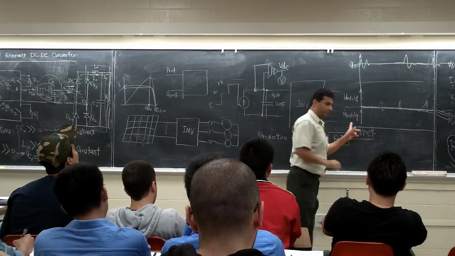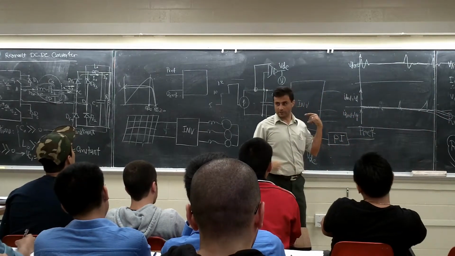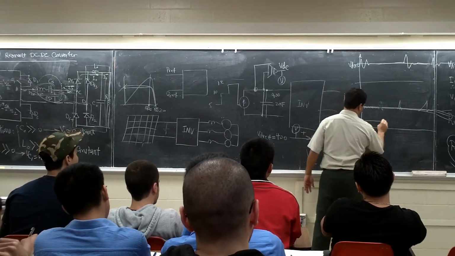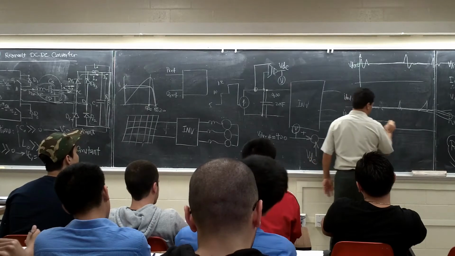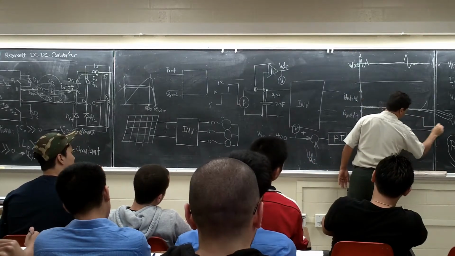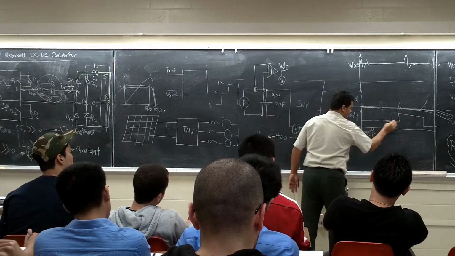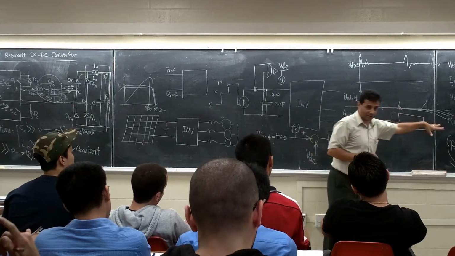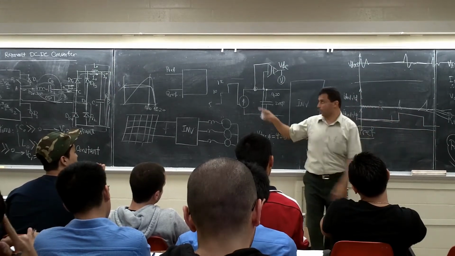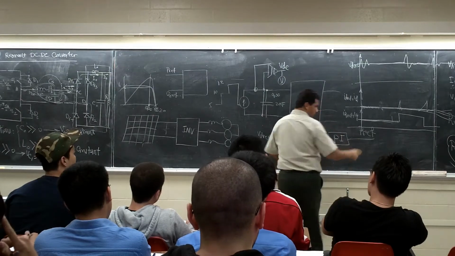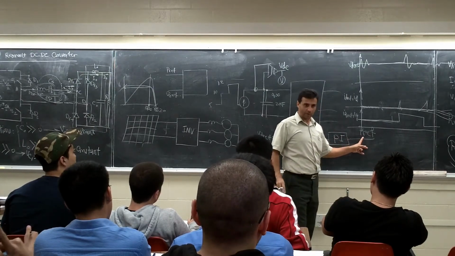So IQ ref is going to be based on how much current you are putting here, right? You start from here, for example, this much value. This is the ref value. For example, it goes to this much, goes to this much. For example, this is your reference, right? It's not going to be as smooth as this one, because the output of this PI is going to be Pref, which is IQ ref, right?